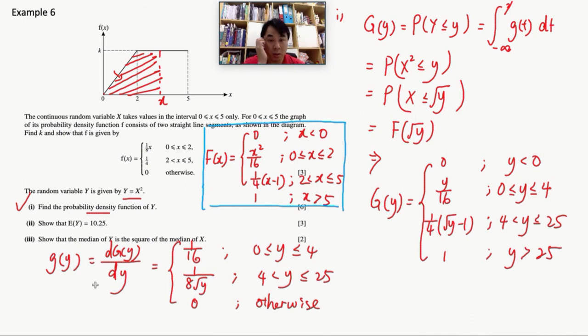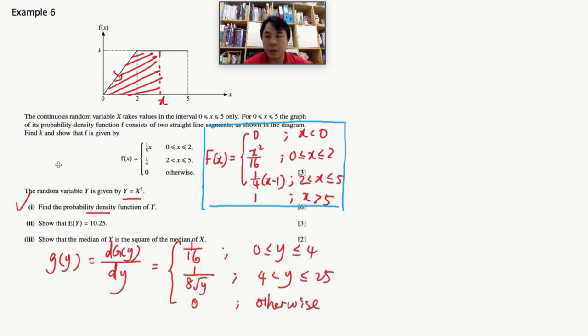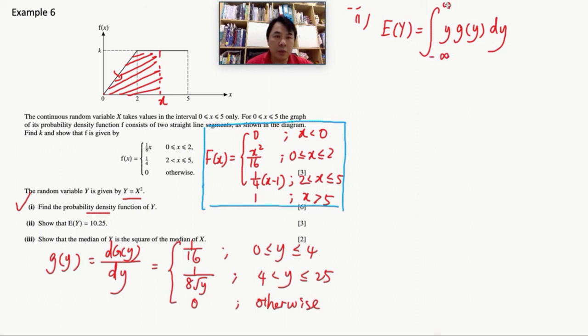That's a very long working, right? So I hope that is clear for number 1. For the second subsection, we need to find E(Y), or show that E(Y) is equal to 10.25. The expected value for Y is basically the integral of y g(y) dy from negative infinity to infinity.